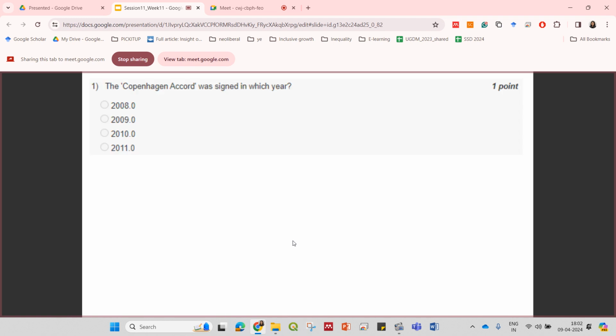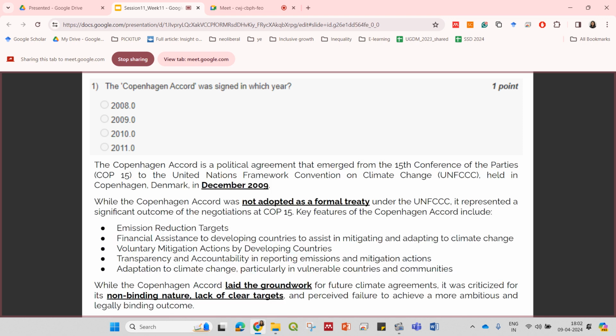So, the first question today is the Copenhagen Accord was signed in which year? The Copenhagen Accord is basically a political agreement that emerged from COP15, the 15th Conference of Parties for climate change, which is conducted under the United Nations Framework Convention on Climate Change, UNFCCC.